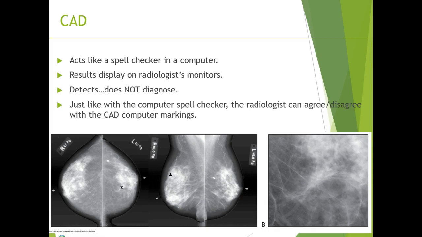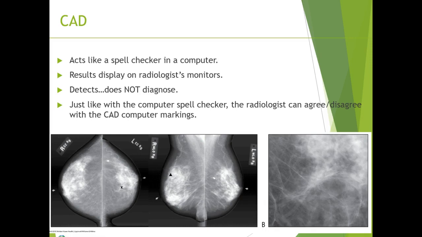It comes with your mammography unit, and everything happens behind the scenes. There's no specific additional unit that you have to run anything through. It's included in your networking when you set up your digital mammography.